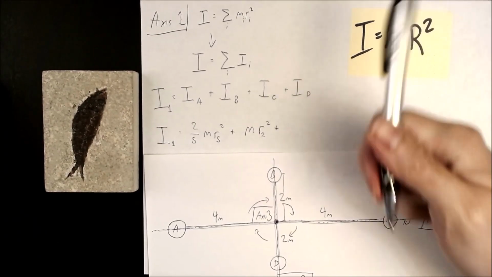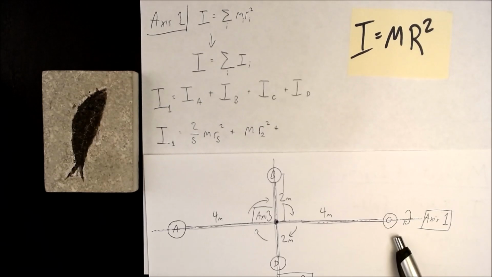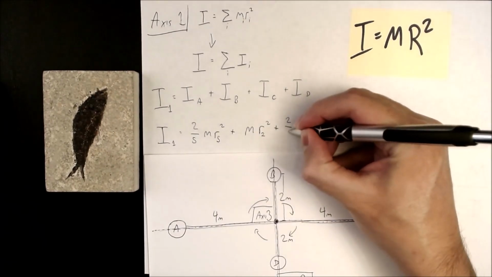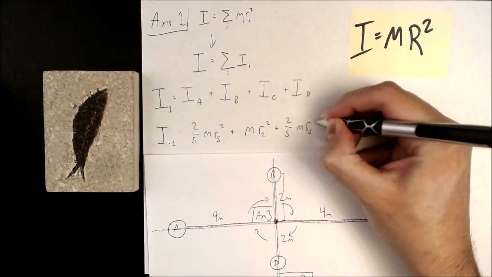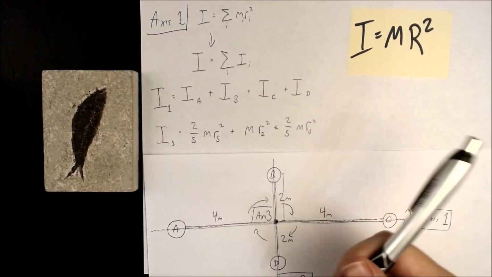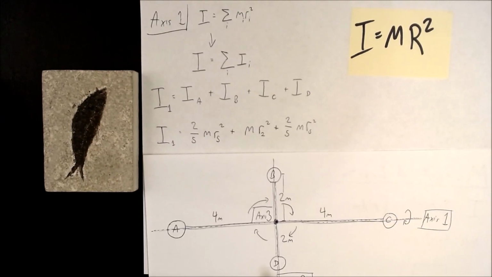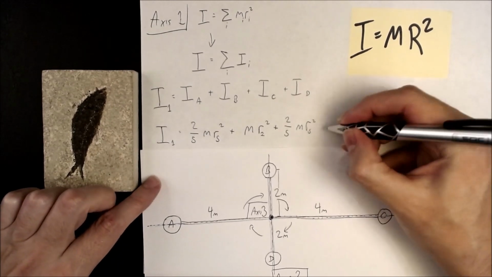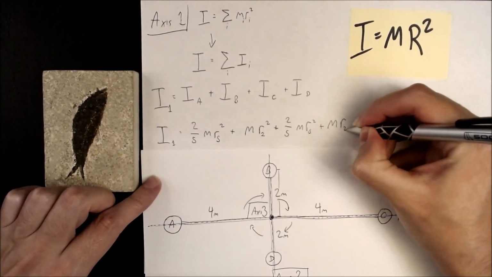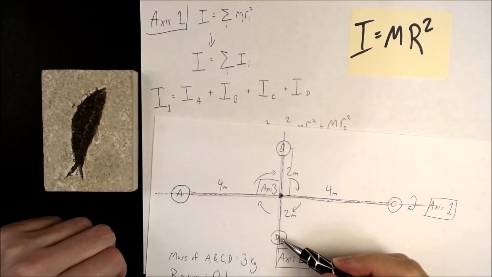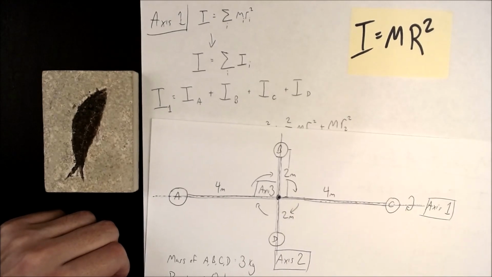Well, moment of inertia of C, that's C right there, should be the exact same as for A. So we've got 2/5 m r_s squared, the s being because that's the radius of the sphere. And then object D down here should be the same as B, which is plus m r_2 squared, the 2 being for the 2 meters that the center of D is from the axis of rotation.